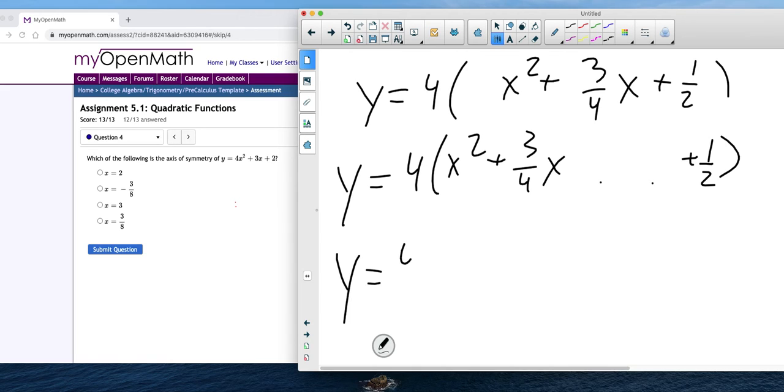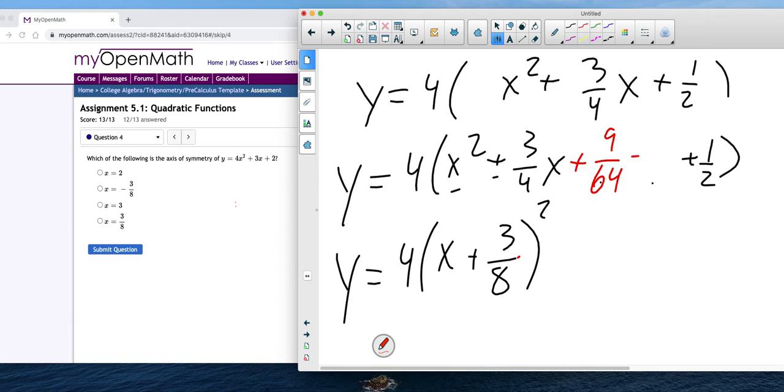Okay, next step, same letter, same sign. Half of 3/4, just multiply by 1/2. And then what we're going to add back into the problem is this squared. Then all you do is square the top and square the bottom. So you get 9 over 64 minus 9 over 64.